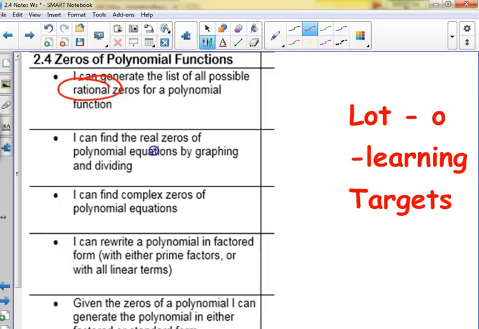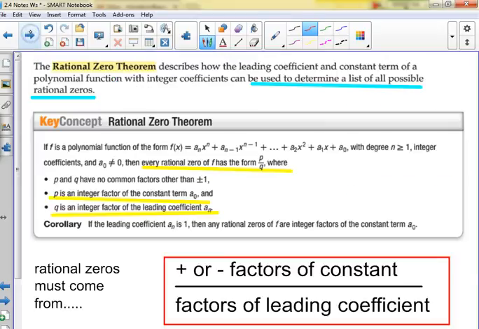I can find the real zeros by dividing. I can find complex zeros. You might have to do the quadratic formula at the end to find complex zeros. I can write a polynomial in factored form with either prime factors or linear factors. And then, given the zeros, I can write the polynomial in factored or standard form. Lots of stuff going on today.